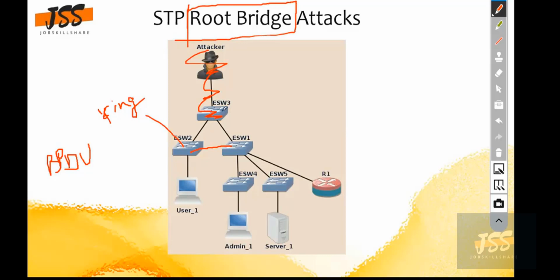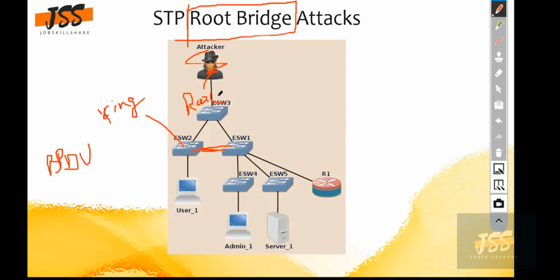If this switch is also there, just a minute, let me remove this thing. Let's say this switch becomes the root bridge, or the king of this network. And if this computer wants to communicate with this server, even though this cable is also attached, the best option would be to go directly.